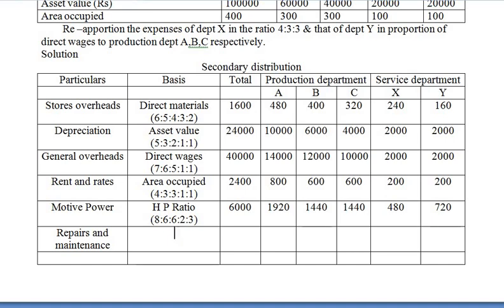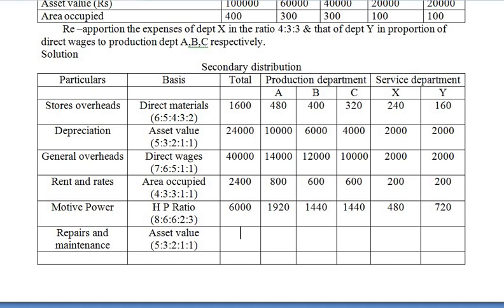Repairs and maintenance will be related to machines and all. So here they have given asset value. So basis will be asset value. Now asset value ratio we already know, that is 5 is to 3 is to 2 is to 1 is to 1.